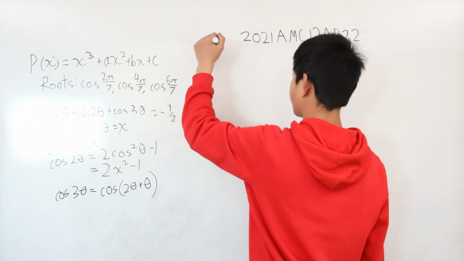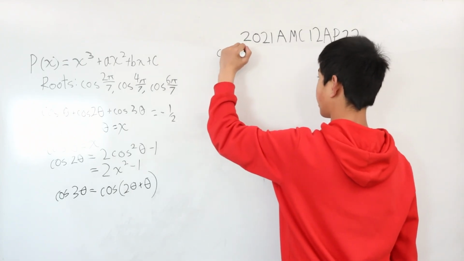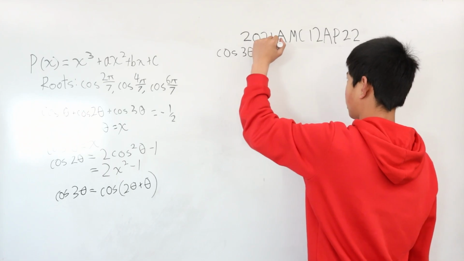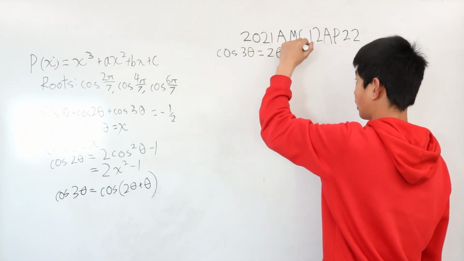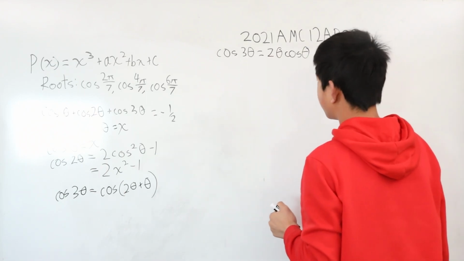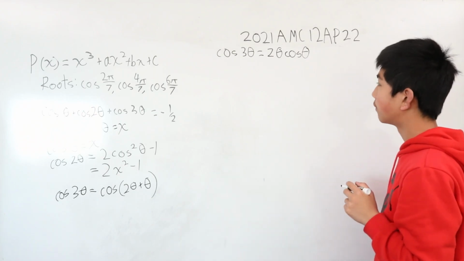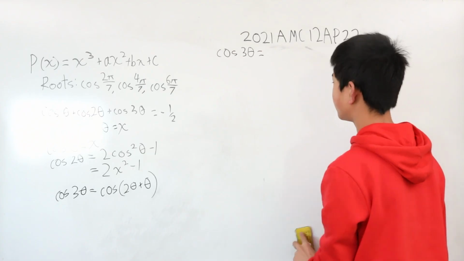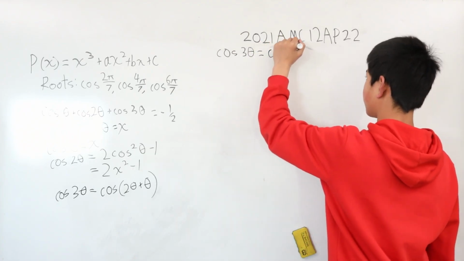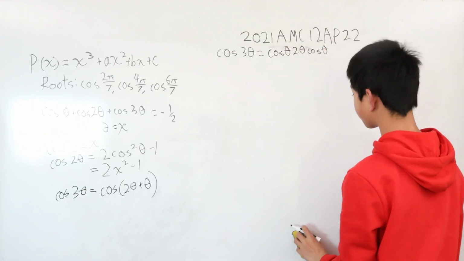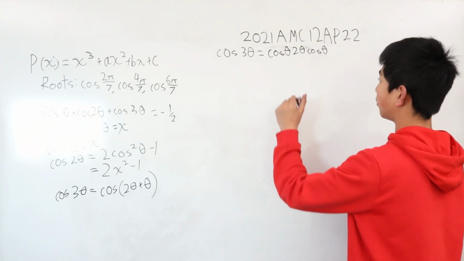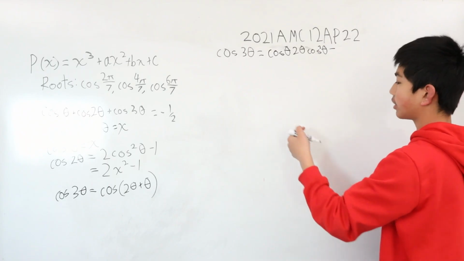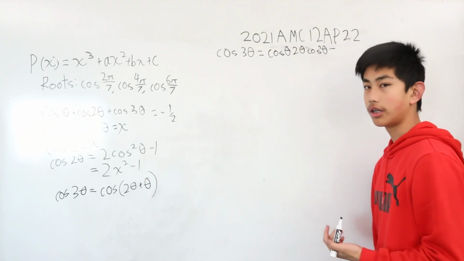So this becomes, and I'm just going to write it here, cosine of 3 theta: there's going to be cosine 2 theta times cosine theta, and then you're going to have to subtract some quantity for this to work, because we have an overestimate.